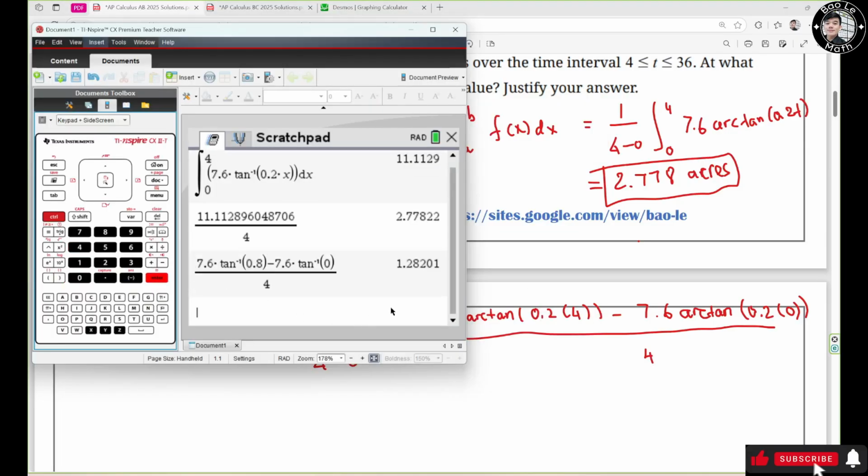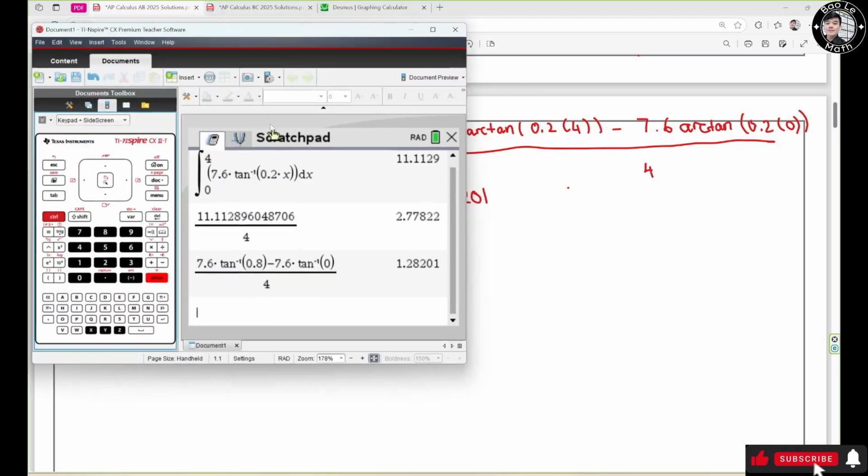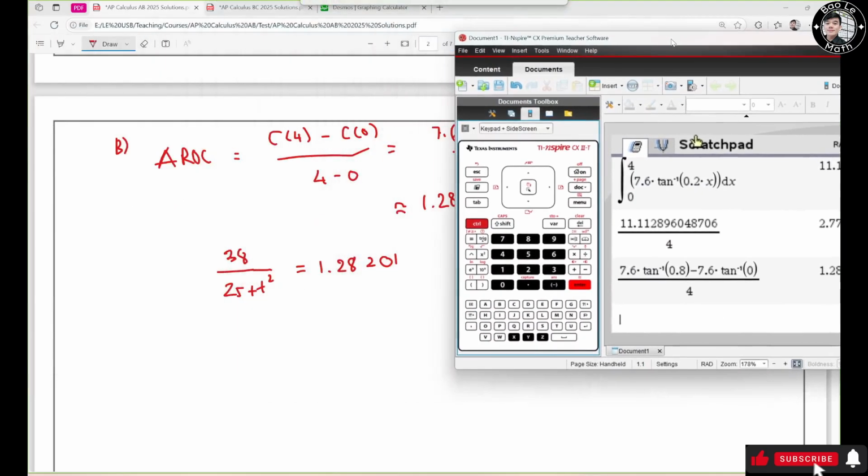The answer is 1.28201. So 38 over 25 plus t squared equals 1.28201.